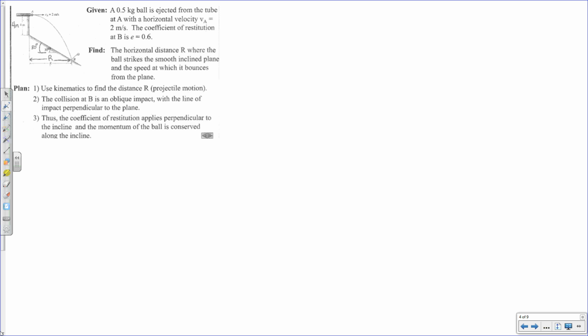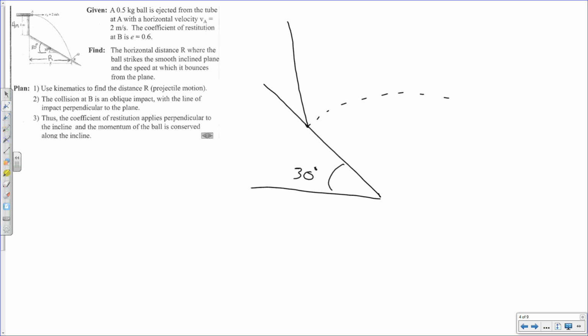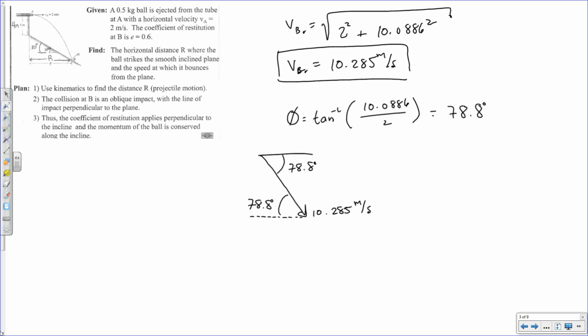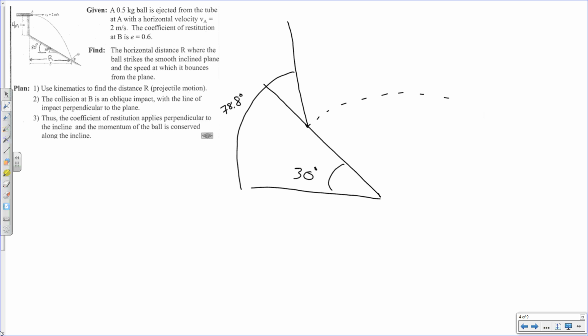So if I have an inclined plane that's at 30 degrees, not to scale, and I have a ball that's coming down and going to strike it and then bounce off, and I know that this angle is 78.8 degrees, because I know with respect to the horizontal, as I said in the previous one, 78.8 degrees separates the velocity vector with the horizontal as it approaches.